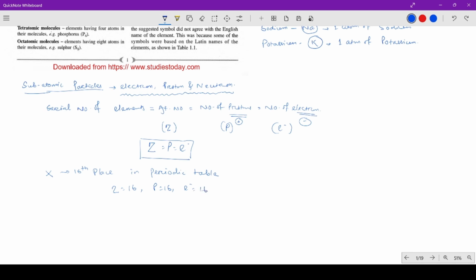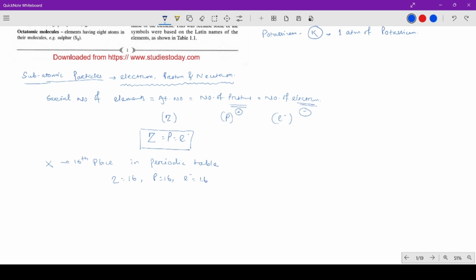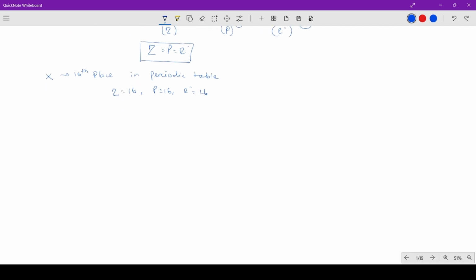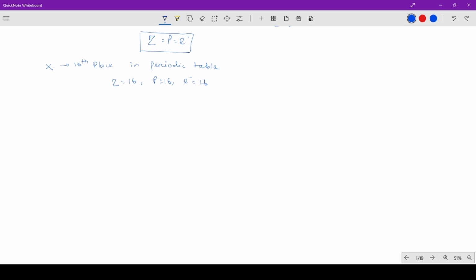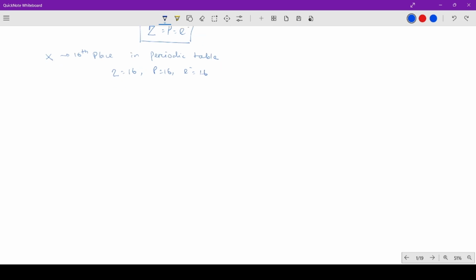This is how we can determine the number of protons and electrons present in an atom. Now the next part is to write the electronic configuration. Why is it necessary? To find out the valency and so on. Though it is in atomic structure, we still have to discuss it a little bit. So now we are going to discuss electronic configuration.